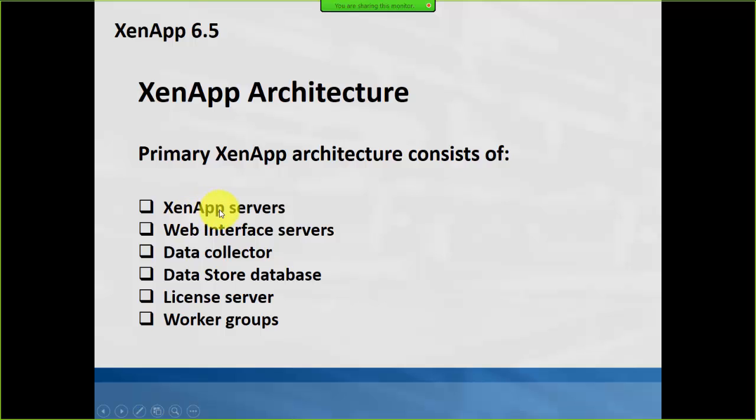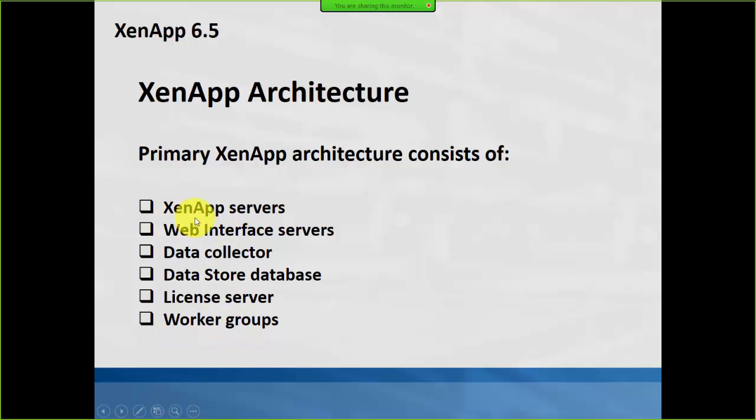So XenApp architecture, primary XenApp architecture consists of XenApp servers. We are going to be deploying the XenApp servers. All three machines will have a certain role of a XenApp server deployed, and web interface servers, yes, there will be an explanation coming in the next slides. But data collector, data store, which is the database, license server, and worker groups.